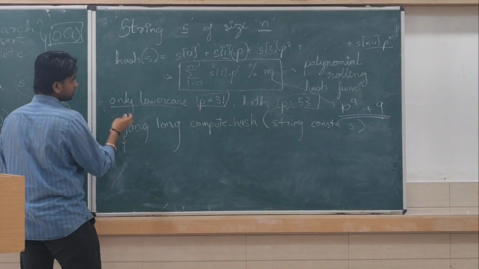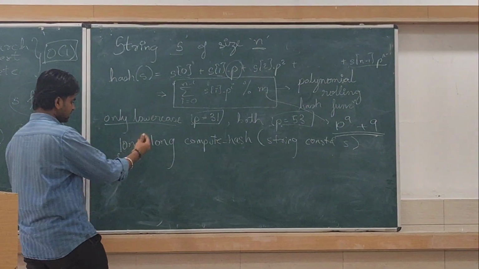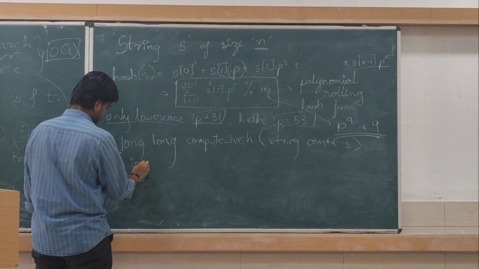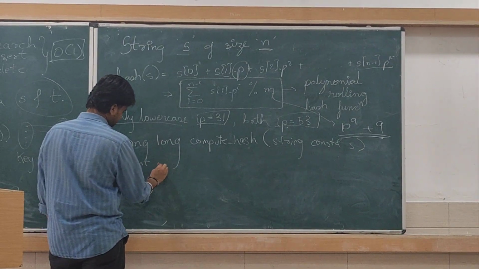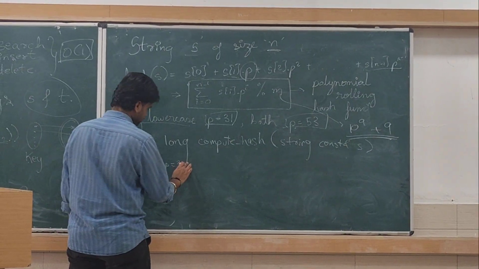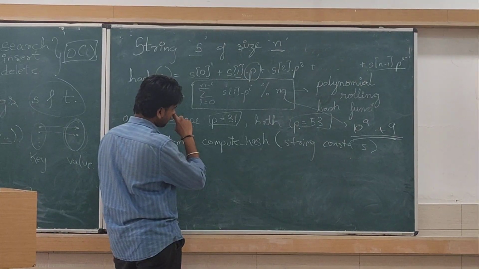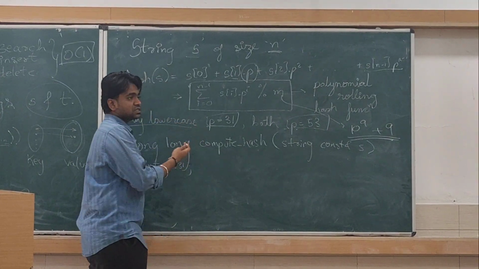Firstly, what we will do? Let's define all the variables here, right? So consider it as lowercase. So let's say int p equal to 31, right? Then what else?